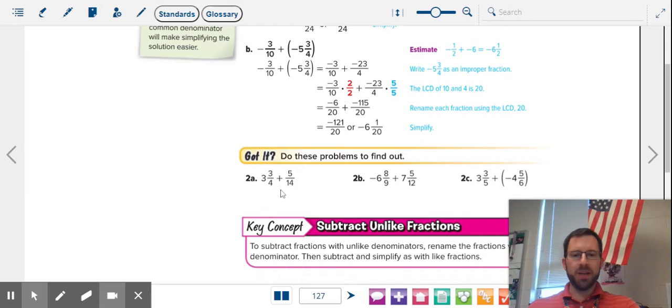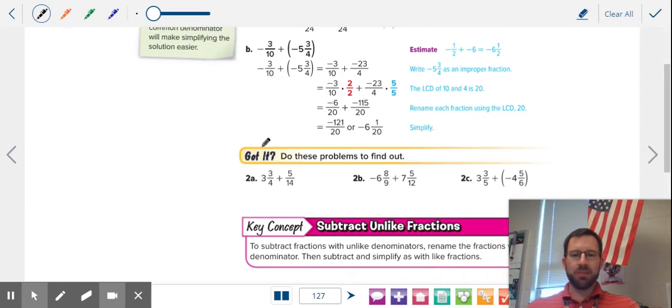Now, when you get into mixed numbers, when you get into negatives, you got to be a little more careful. So with mixed numbers, I always recommend you can do it without making them improper, but I always recommend making them improper just to be safe. So first, make it improper. 3 times 4 is 12, plus 3 is 15 fourths.